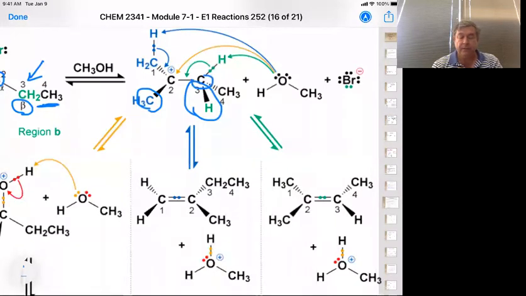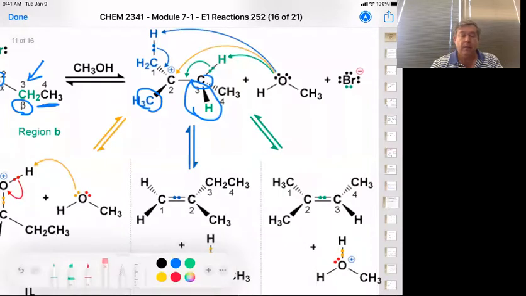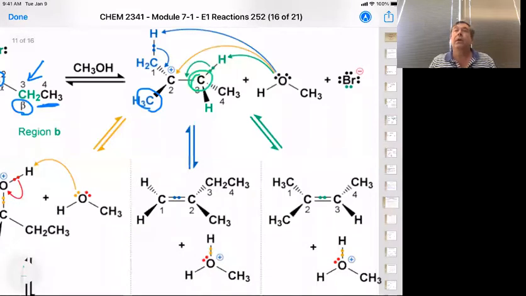This is, let me use a green here, a secondary carbon. Okay, so if you have a choice between pulling a hydrogen off a primary carbon or a secondary carbon, it will always pull it off the secondary carbon. Why? Because when it pulls it off the secondary carbon, it's going to give the more substituted alkene.